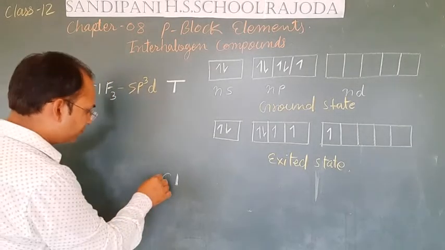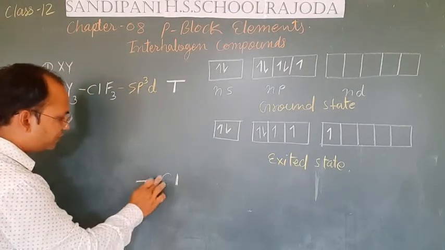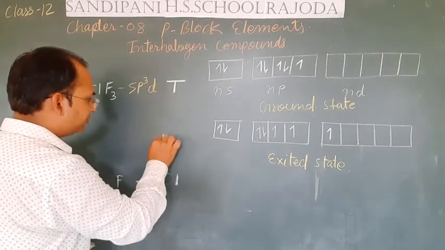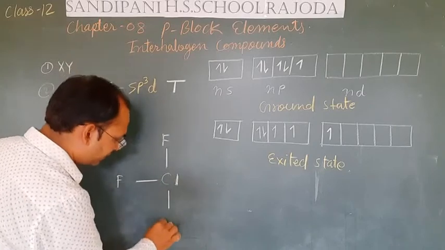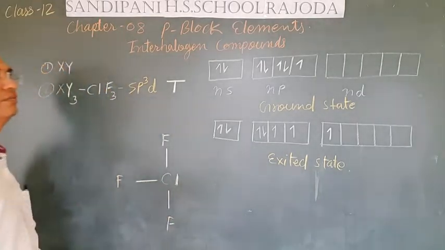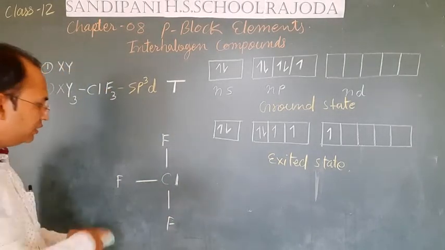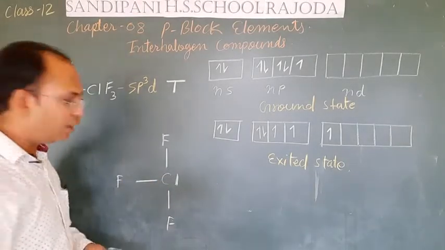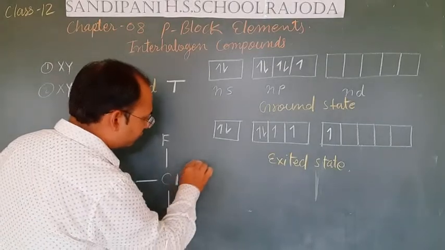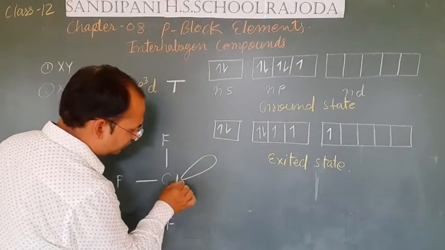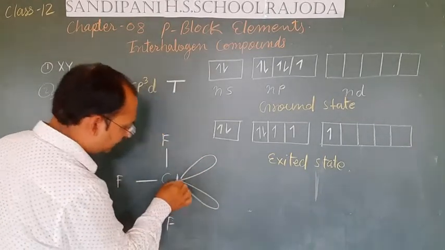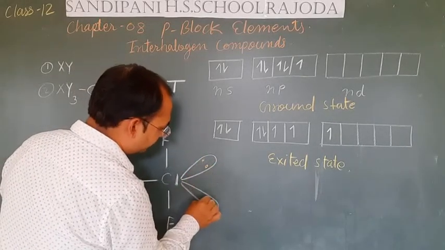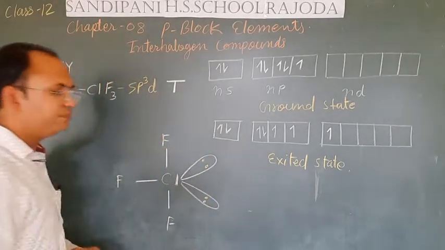Here one fluorine atom is present here, another fluorine atom is present here, and the third fluorine atom is present here. So here we see that they make a T type structure, along with the presence of 2 lone pairs of electrons, one here and another here, which possess the electrons in the form of a pair.